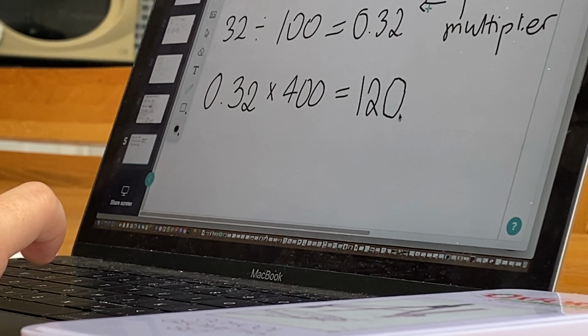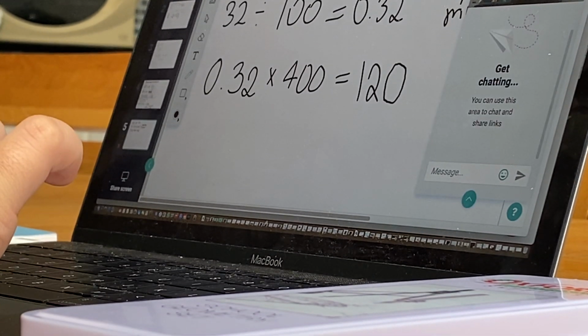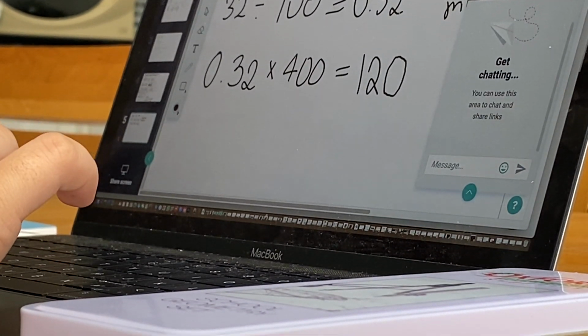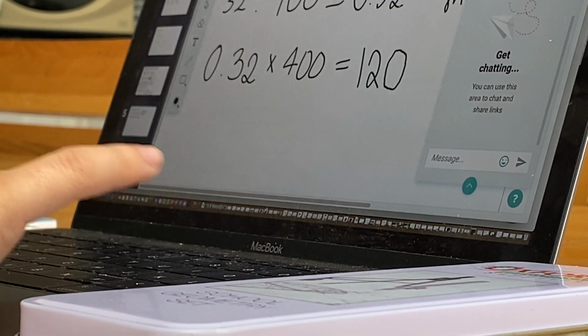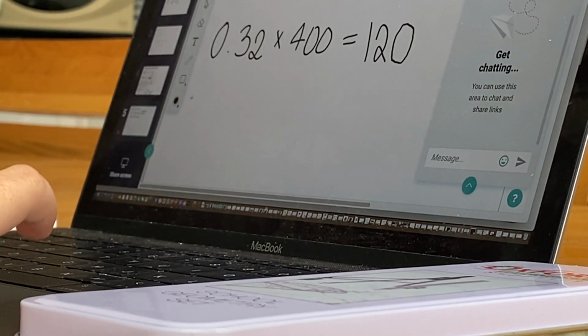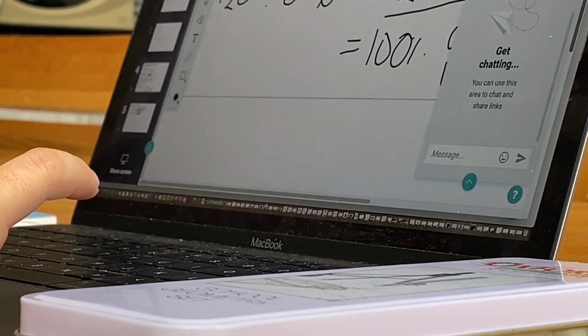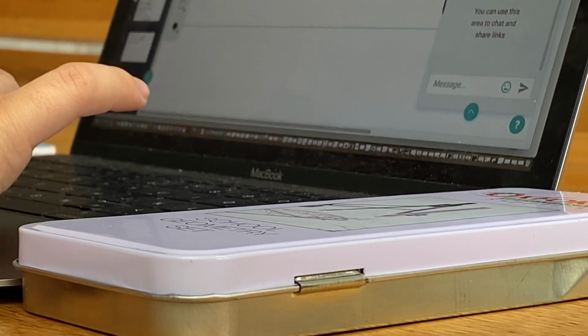And then now what we need to do is, how do we do this? So you've got the right idea.